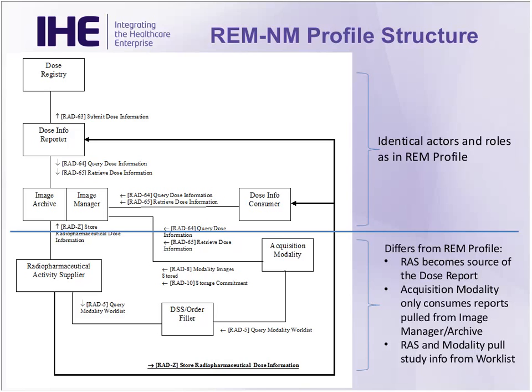This dose report then goes to the PACS system, and from there on, as we said, the chain of processing is similar to REM. So the other of the two actors down here at the bottom is the modality, over on the right side. The modality now becomes a consumer of that dose report.